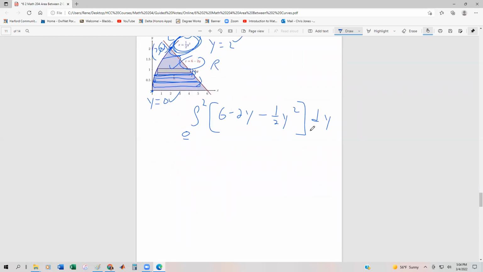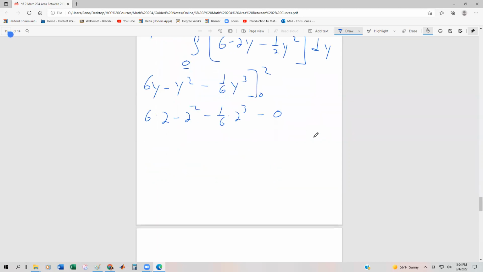So evaluating 6y minus y squared, all right, minus 1/6 y cubed from 0 to 2. Now, when we substitute back in, we get 6 times 2 minus 2 squared minus 1/6 times 2 cubed minus 0. This is going to be 12 minus 4, which is 8.